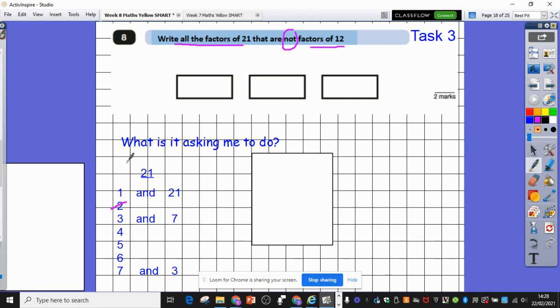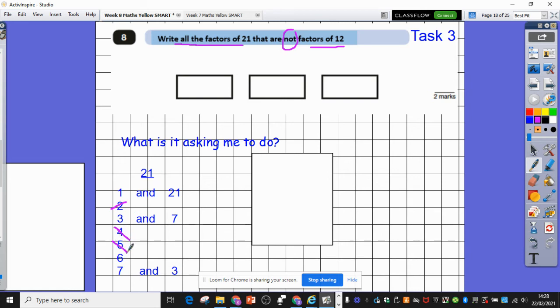Now, if I was getting a bit stuck with my times tables at this point, I'd be looking at my times table grid, looking for 21 and seeing what integers times together make 21. So I know 3 and 7 make 21, but 21 does not appear in the 4 times table.